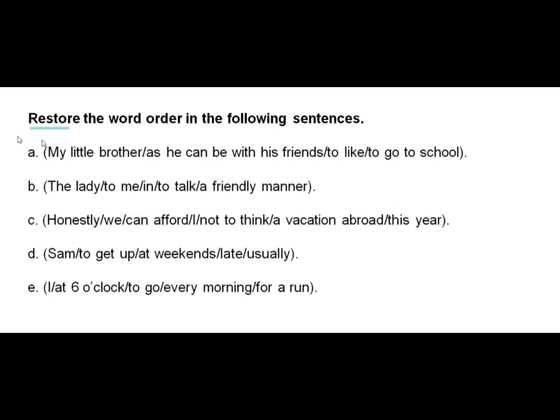And now, restore the word order in the following sentences. A. My little brother, as he can't be with his friends, to go to school. B. The lady to me in to talk a friendly manner.